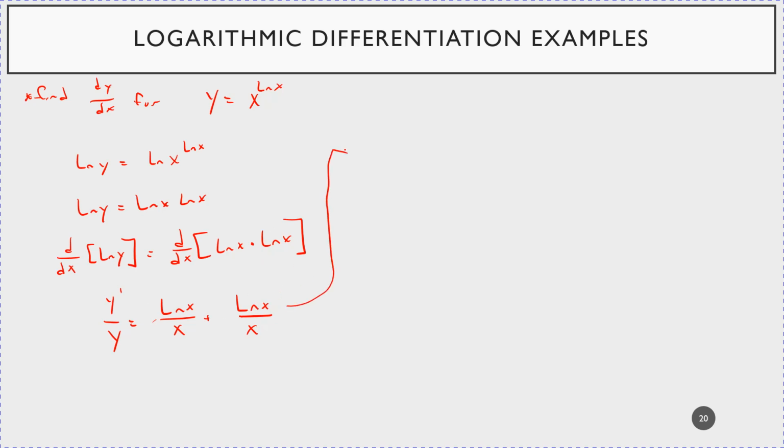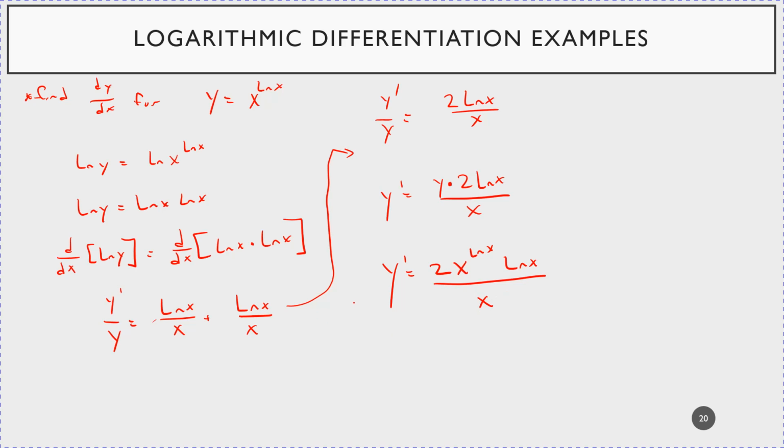So y prime over y is equal to natural log of x plus natural log of x gets me 2 natural log of x divided by x. Multiply the y over: y times 2 natural log of x divided by x. And then look, what is y? y is x to the natural log of x. So y prime is equal to, I'm going to move the 2 in front, 2 times x to the natural log of x times the natural log of x over x.